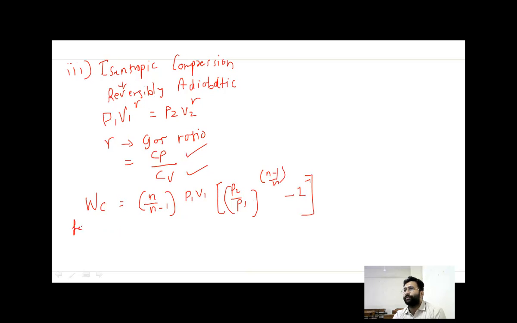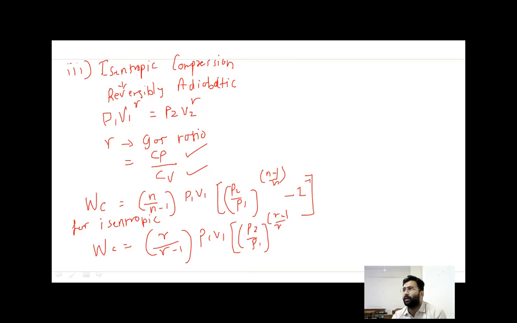So for isentropic, compressor work will be equal to gamma upon gamma minus 1, P1 V1, into bracket P2 by P1 raised to (gamma minus 1) upon gamma, whole minus 1. This is the equation for the isentropic process. If 1 to 2 is an isentropic compression, then the compressor work is given by this.